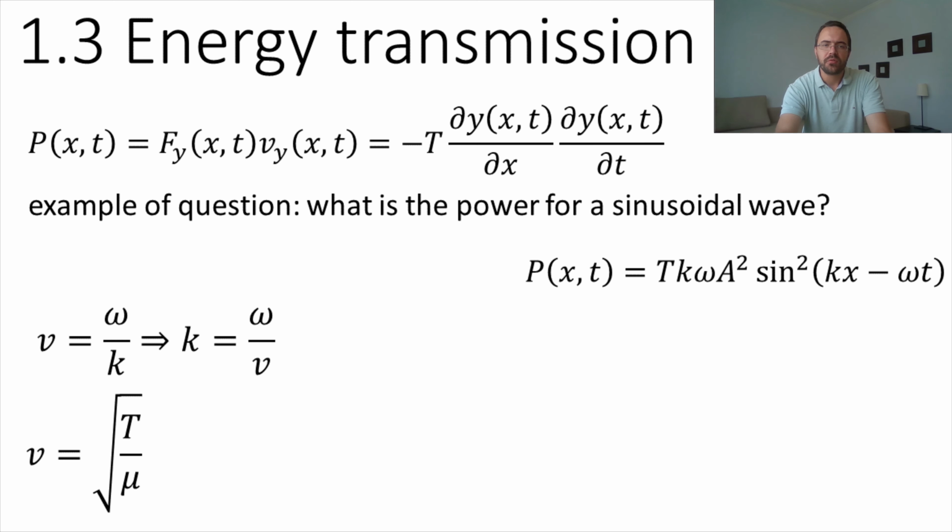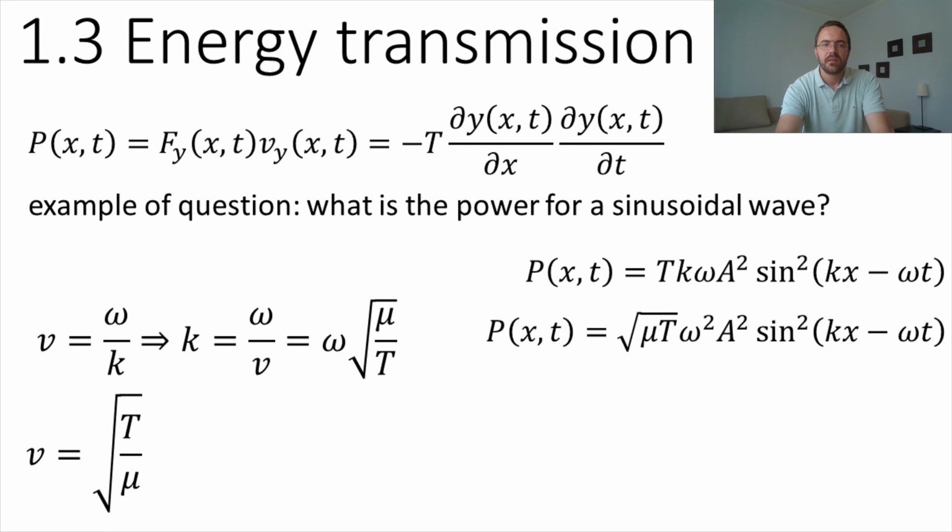And we also know from last time that the wave speed is given by the square root of the tension T divided by the mass per unit length mu. So I can replace k by omega times the square root of mu over T. Now I obtain this new relation for the power, which now depends on omega squared.